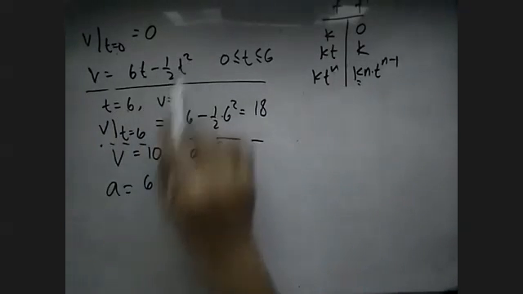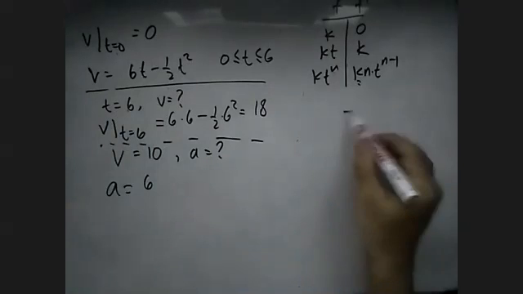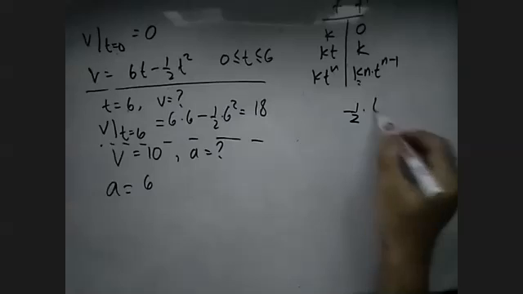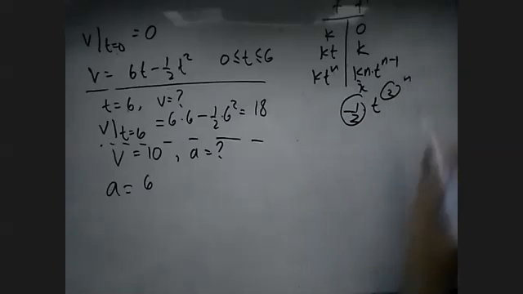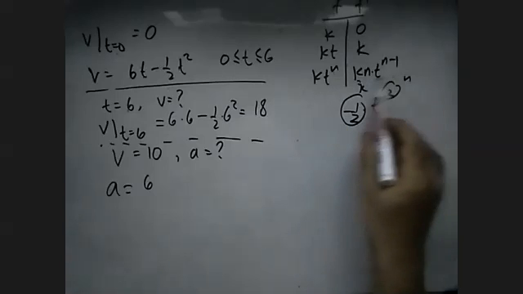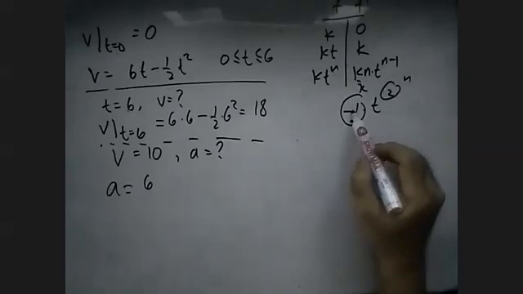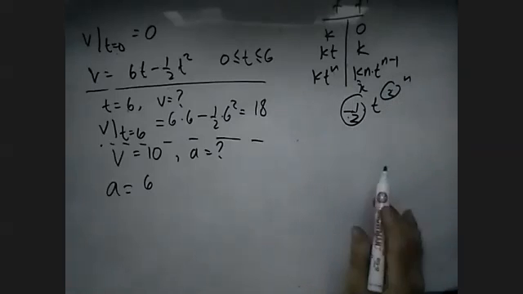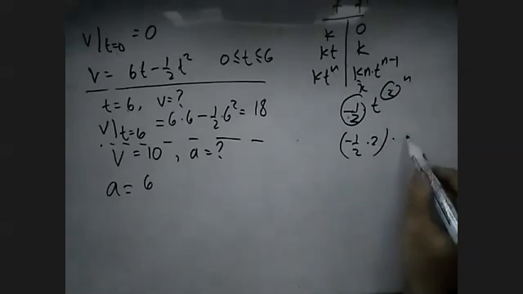Negative half t squared, when we are going to differentiate them, that's going to be negative half times t power 2. This is value of k, this is value of n. We are going to use the third formula. So the differential becomes minus half times 2, t to the power of 1.